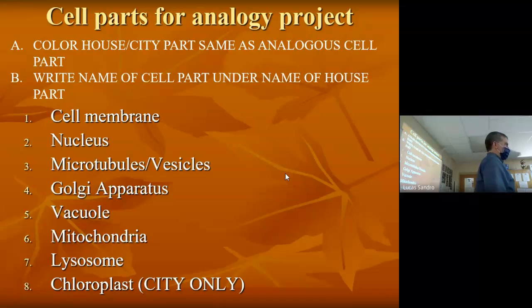So make sure you understand your cell parts. Maybe give yourself a quick refresh through the notes before you get started on this, and you should be okay. So that's due tomorrow. This whole shebang here, I'm going to have you staple together the coloring page and the city with everything colored and labeled and matched. That will be due on Thursday.